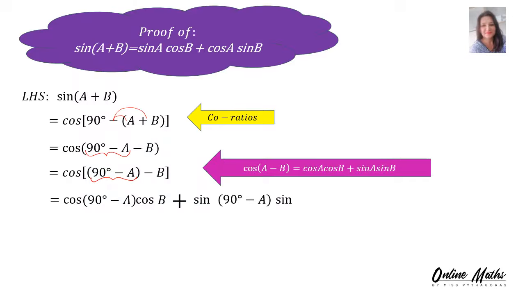And then sin 90 minus A and a B. And then you can say the cos of 90 minus A is sin A. It's a co-ratio. Cos B plus sin 90 minus A, this one, is equal to cos A, the co-function, sin B. And there's your rule.